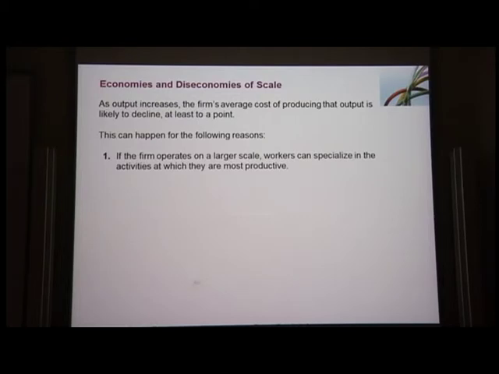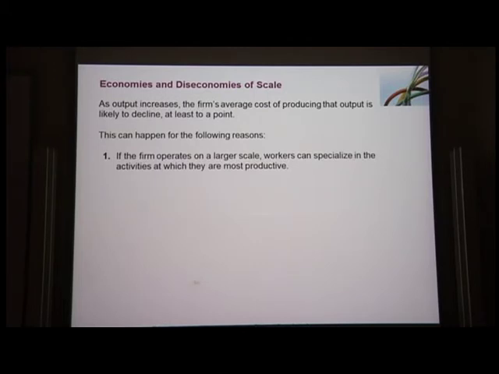And every firm, especially your large conglomerates and your large firms, wants to experience economies of scale because that will bring in lower average cost per unit, which means the firms can charge lower prices, and then the potential for greater profits is there. Normally, firms that experience economies of scale are firms that operate on a large scale.